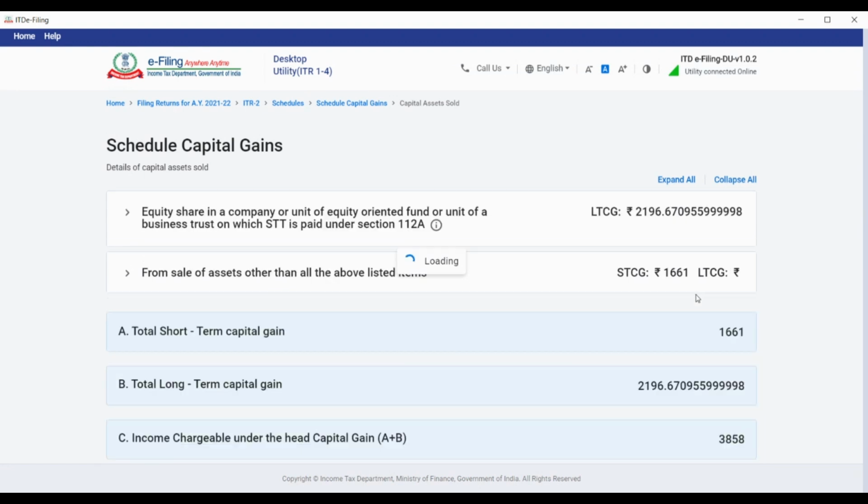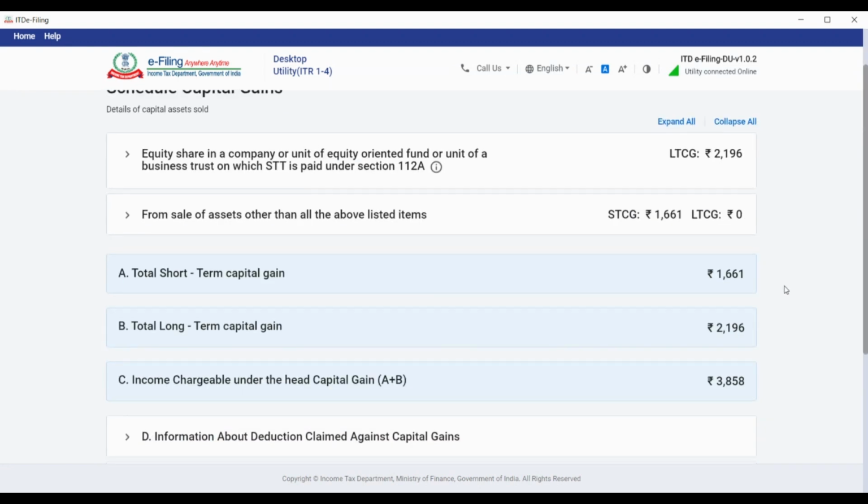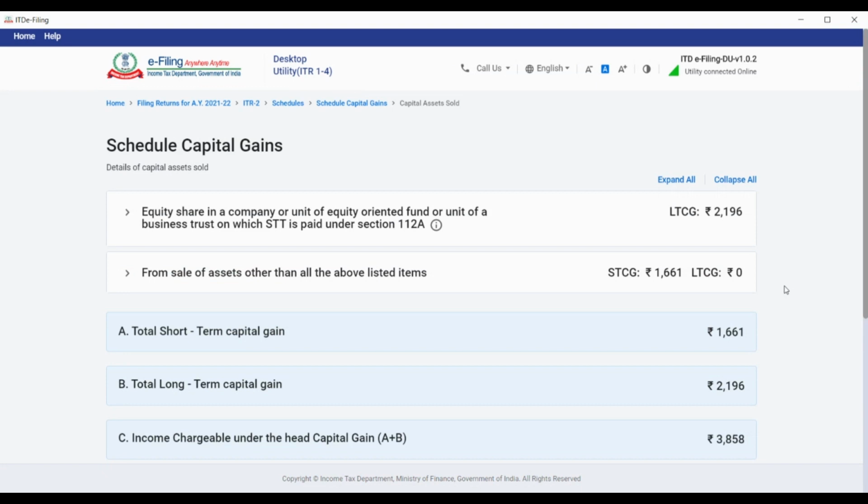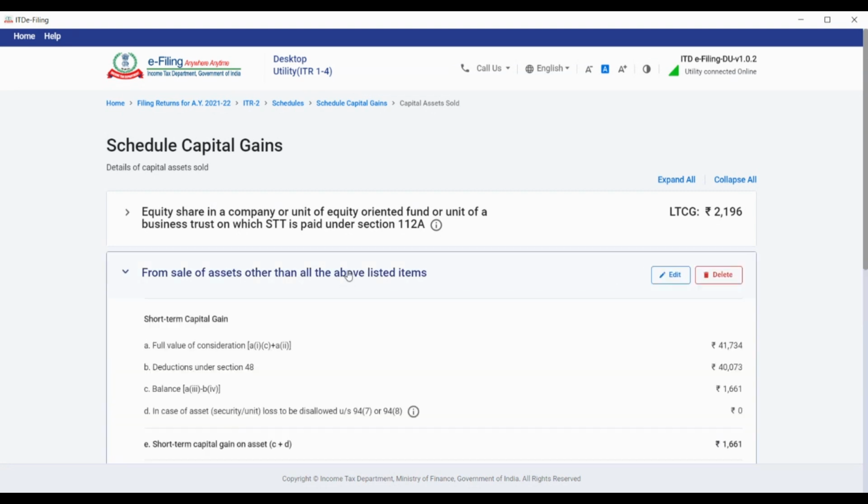Here we need to enter all the necessary values which are part of our short-term or long-term gain. The first one I will explore is how to file the short-term capital gain taxes. So here you need to come to this section.